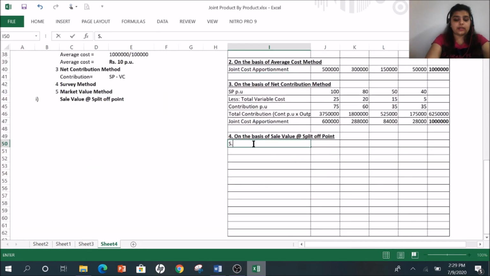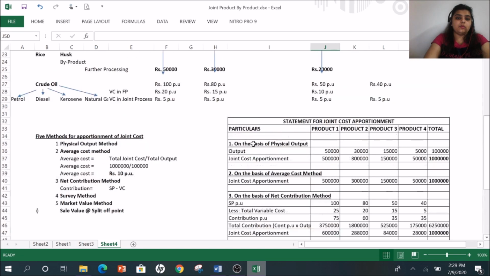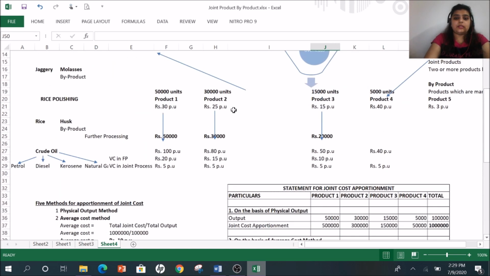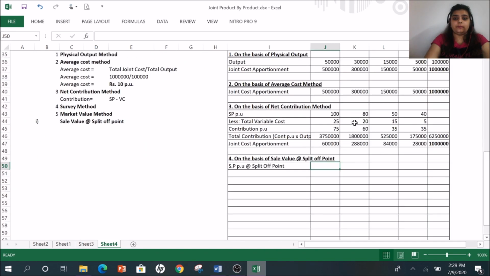So I am going to write selling price per unit at split off point, that is equal to 40, 15, 25 and 30. Just rechecking. Oh, I did something wrong.